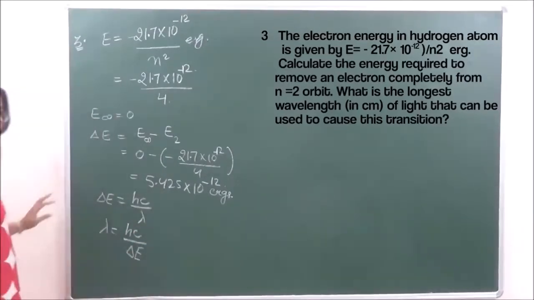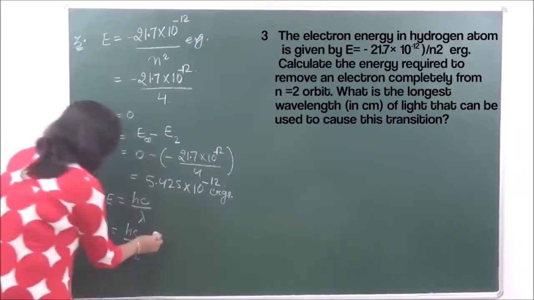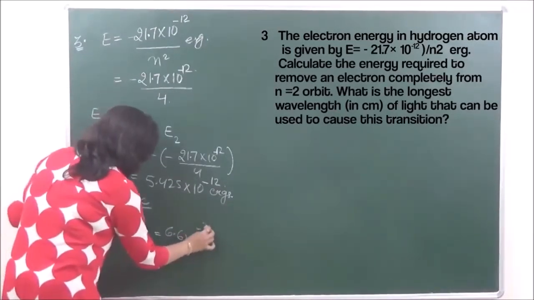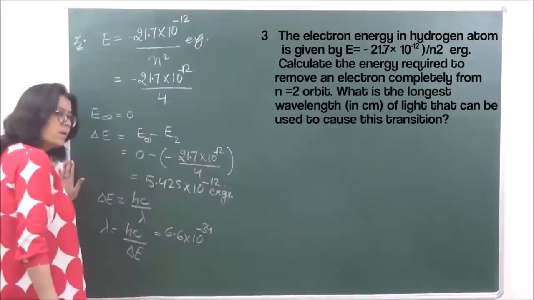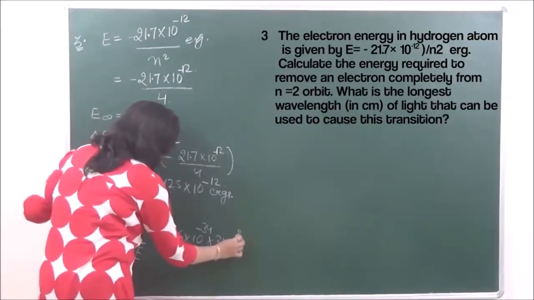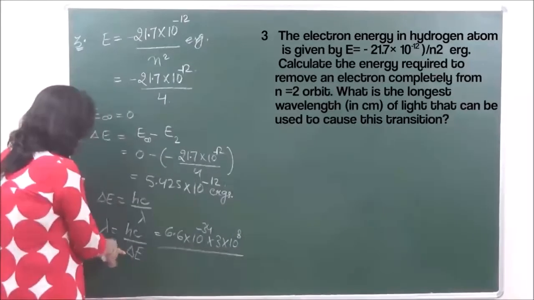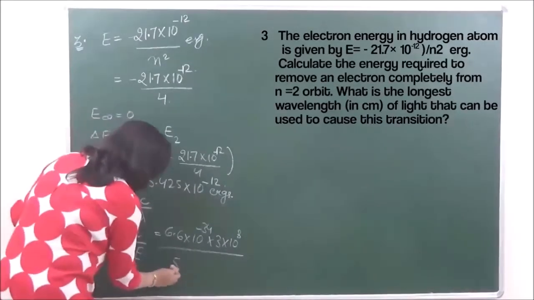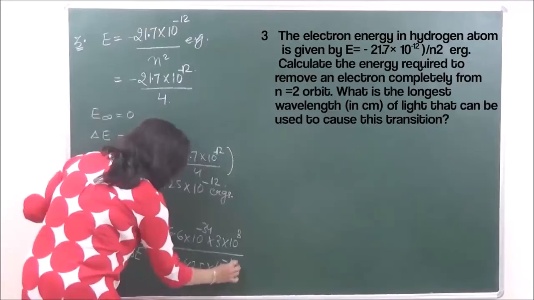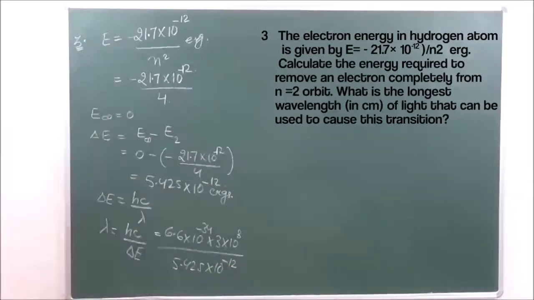hc upon delta E. Let's put the values. The value of h is 6.6 into 10 raised to power minus 34, into 3 into 10 raised to power 8, upon the value of delta E, that is 5.425 into 10 raised to power minus 12.